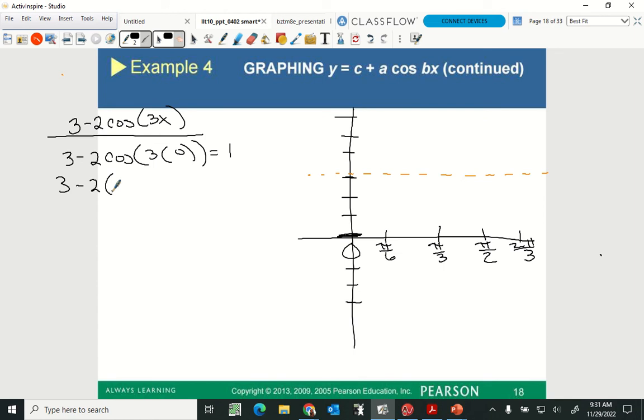Cosine at 0 was 1, right? So I'm going to just put 1 right here. So order of operations, I'm going to do my multiplication first, right? So that's going to give me negative 2, or just 2, right? So it's going to be 3 minus 2, which just gives me my 1. A little bit better sense?